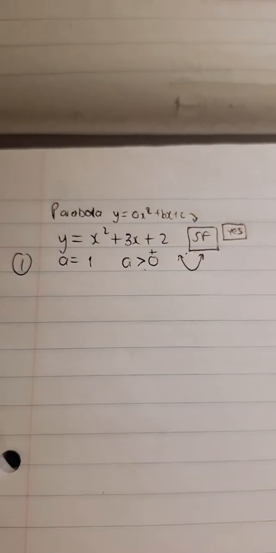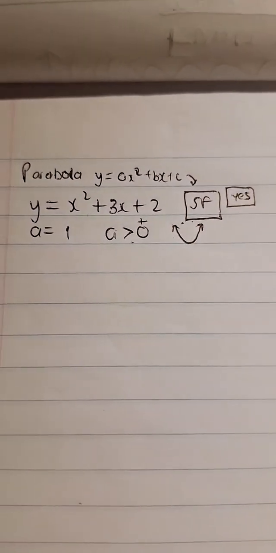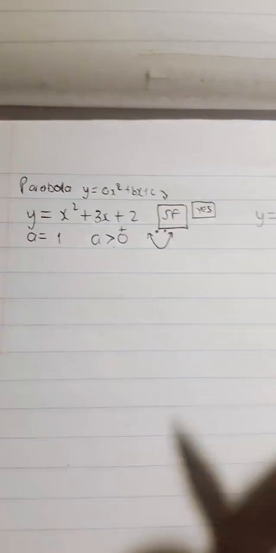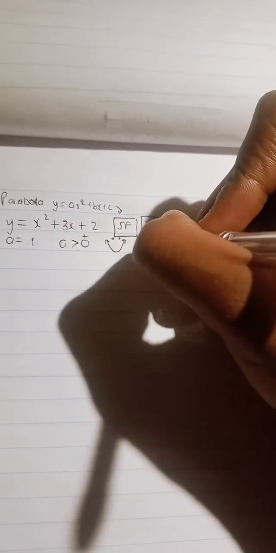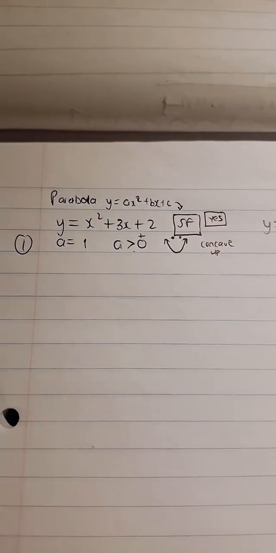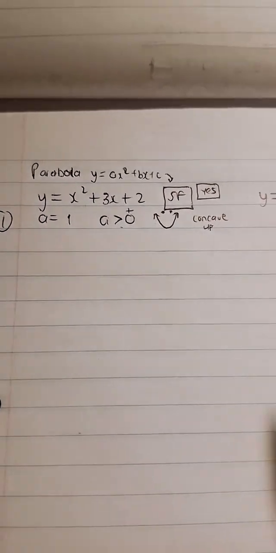In other words, concave up. When you're positive, a is greater than 0, you smile, concave up.